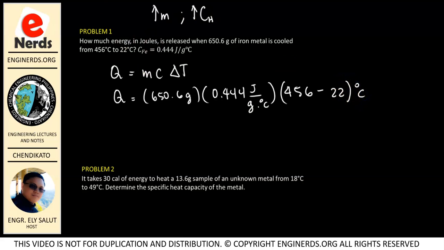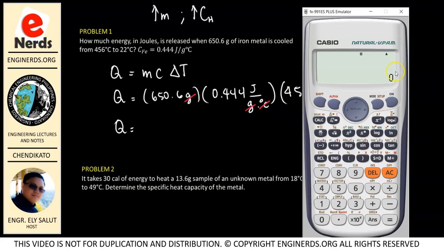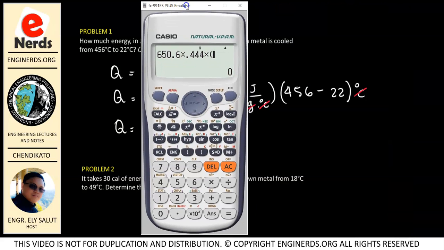So, we're going to solve this, pero check muna natin yung ating mga units. Our grams will be cancelled and our degree Celsius will be cancelled out. Okay, so let us use our calculator. So we have 650.6 times 0.444 times our temperature, which is 456 minus 22.